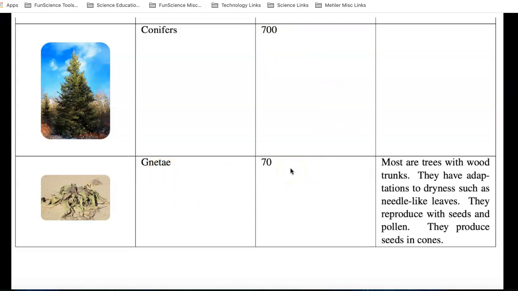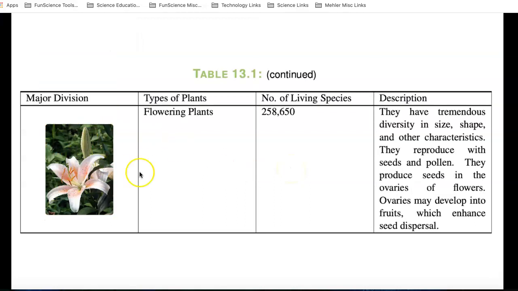But let's take a look at this. One of the things we talk about in this class is that flowering plants have been wildly successful. Look at the number of living species still around today. 258,000 living species of flowering plants. And as it says here, they have a tremendous diversity in size, shape, and characteristics. They reproduce with seeds and pollen.